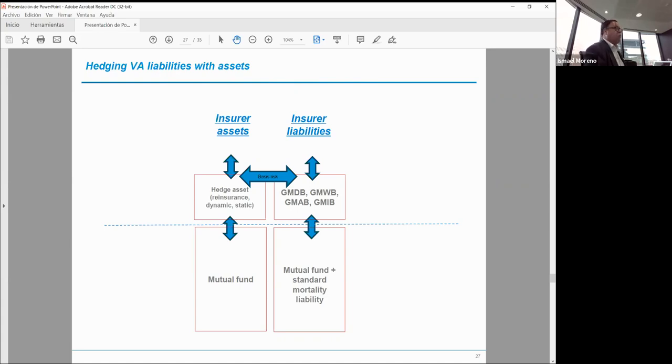Well, many times we think that we can take this problem onto someone else, as is the case of a reinsurer. But you can also cover it yourself by buying options. It can come as no surprise that we cover options that we sell on the liability side by buying options on the asset side. And because most of the options that we sell on the liability side in this business are put options, the options that I need to buy on the asset side are also put options normally.